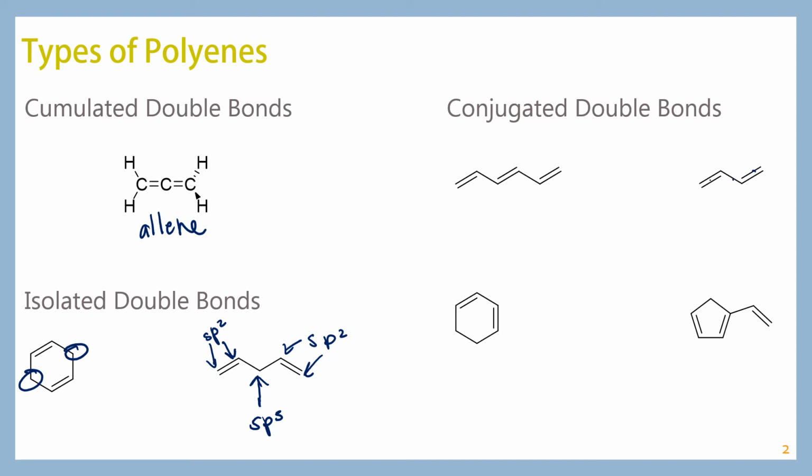And then here we have double, single, double, single, double. So this part is a conjugated system, and this carbon is not part of it, which is fine. So that's going to be your difference between conjugated and cumulated double bonds.